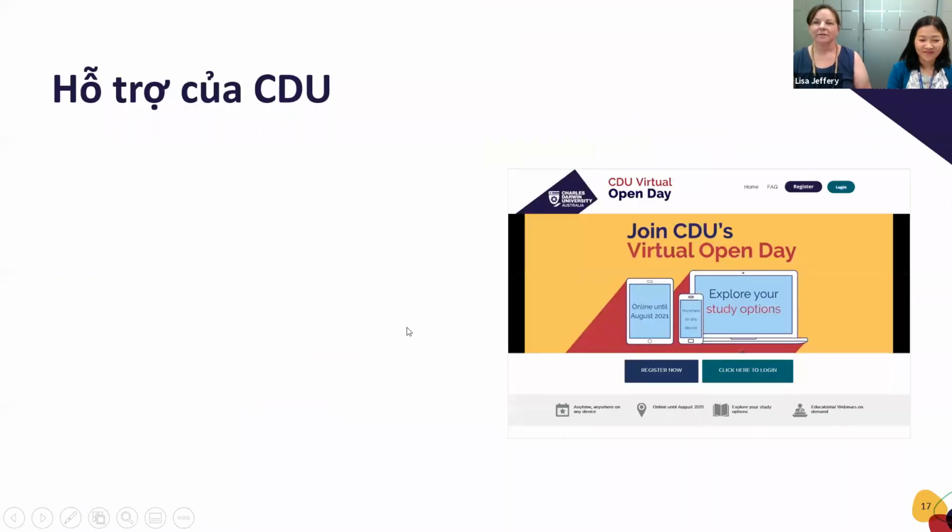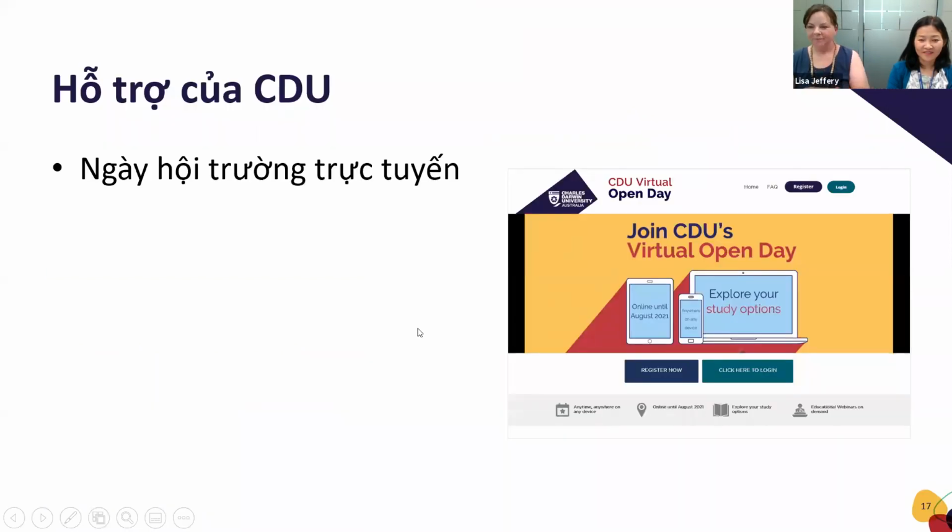I mentioned Blackboard Ally, which is one of the support mechanisms that we provide for our students who are learning online. We also have a virtual open day that students can get access to anytime, and it provides some information about learning at CDU and some of the departments and facilities that are available on the different campuses that CDU has in the Northern Territory.